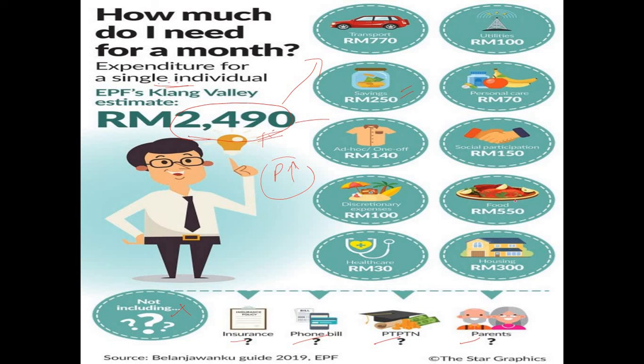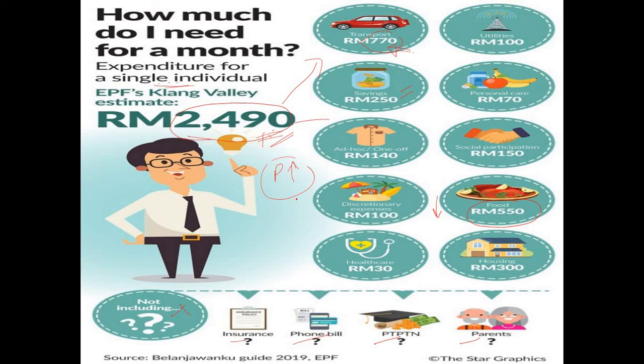For example, before the food is 550, but because your income is still this much, the budget for food may have to be reduced, instead of 550 maybe 300. Or maybe transportation here, you see it is quite high, so that's why after you graduate, don't directly buy cars which require you to pay a very high installment.